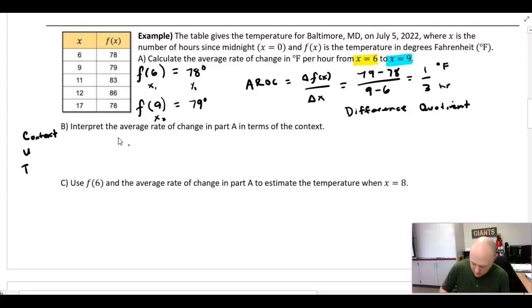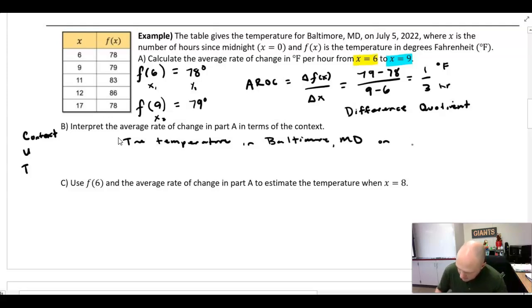So we're talking about the temperature in Baltimore, Maryland on July 5th, 2022. And so you're going to talk about the average rate of change. It is increasing.